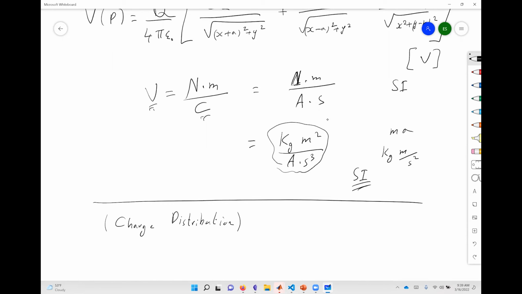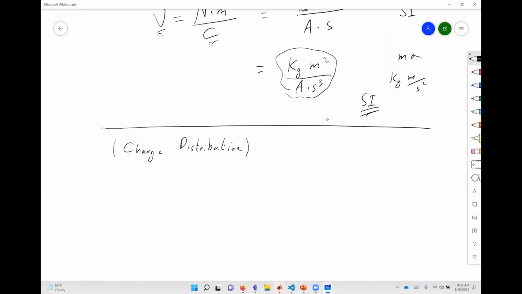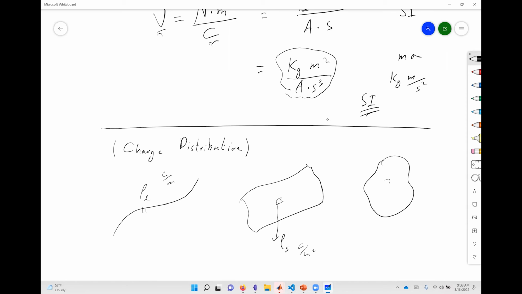The idea is that now, in a similar way to how we dealt with the line charge distributions, I have here rho L, surface charge distributions, rho S. Rho L is Coulomb per meter, rho S is Coulomb per meter squared, and then volume, this is rho V in units of Coulomb per meter cubed.